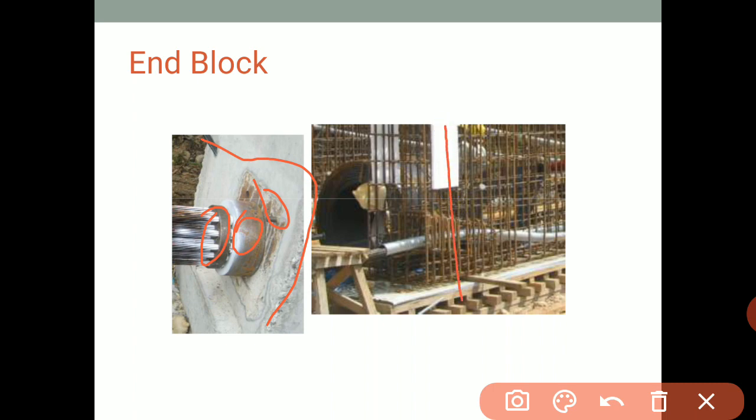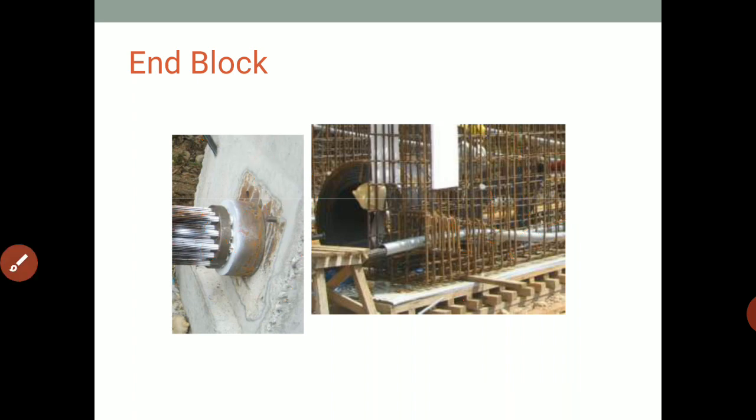Behind this anchorage plate, if the anchorage plate fails, then concrete will spill out from the transverse reinforcement. This is transverse reinforcement, this is longitudinal reinforcement, this is transverse reinforcement, and from this transverse reinforcement the concrete will come out. The spalling of concrete will happen.